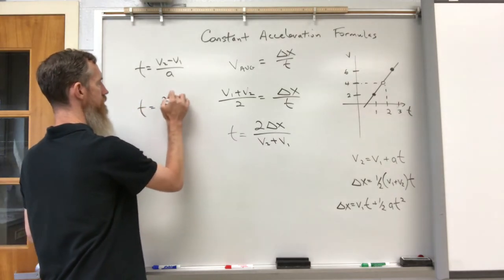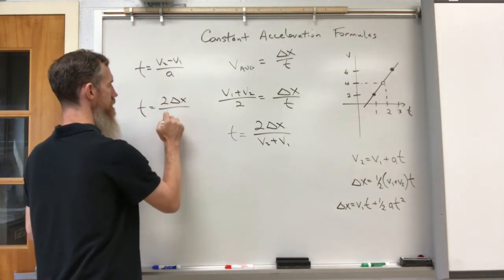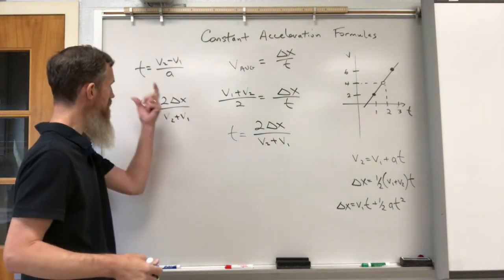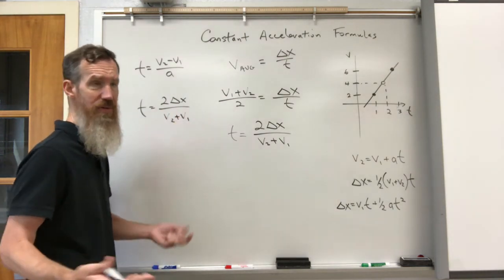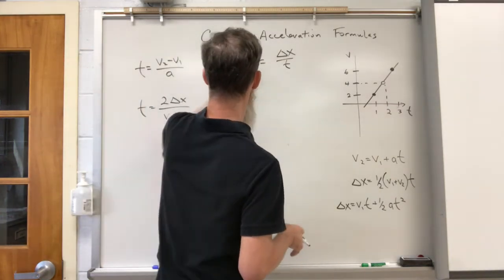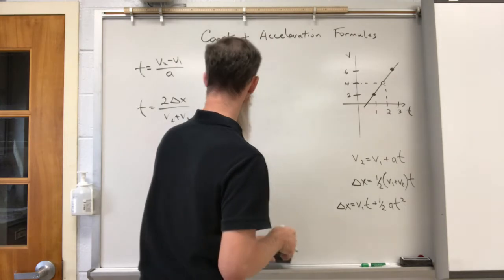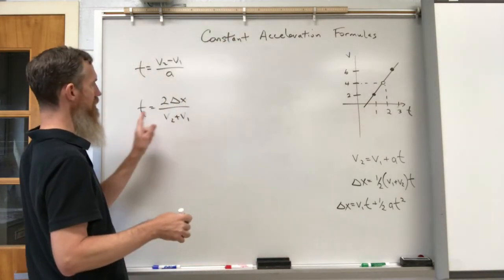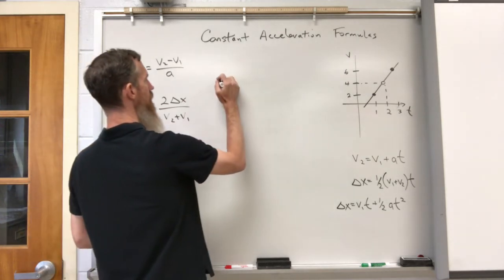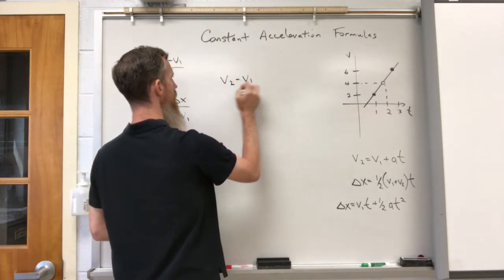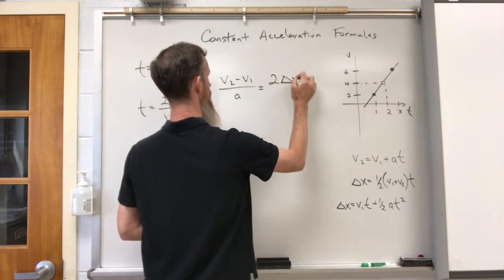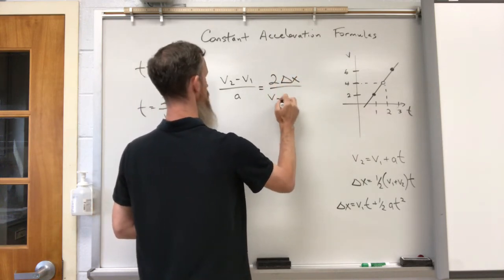So I have those two forms, time equations coming from two different definitions. Since I have time equal to this and time equal to this, I can set these two things equal to each other. So v2 minus v1 over a equals 2 delta x over v2 plus v1.